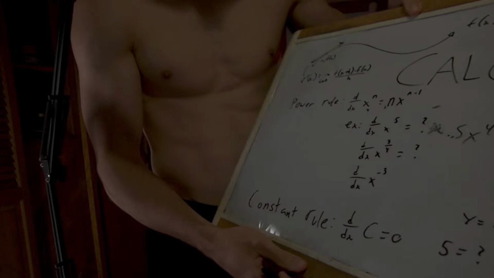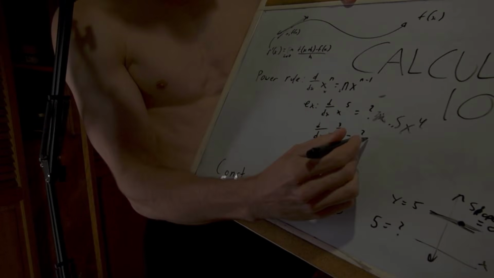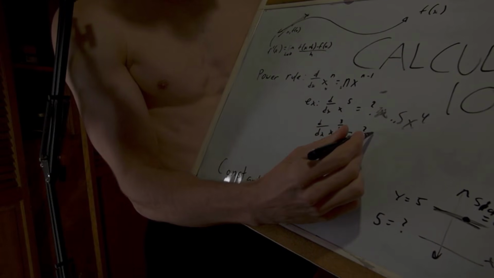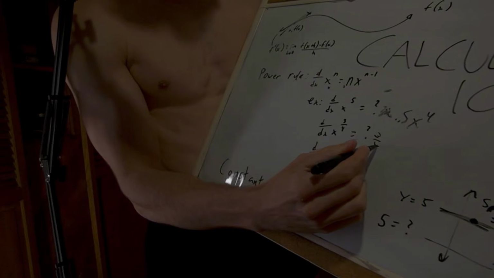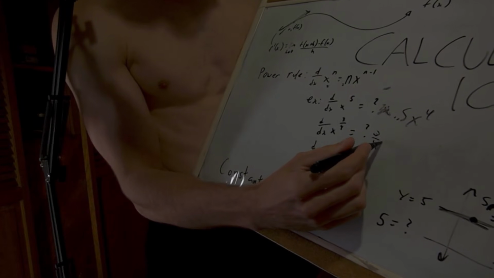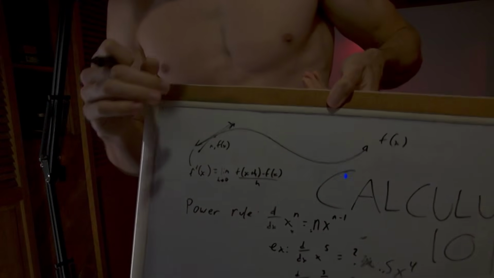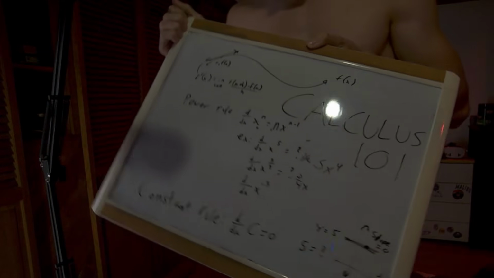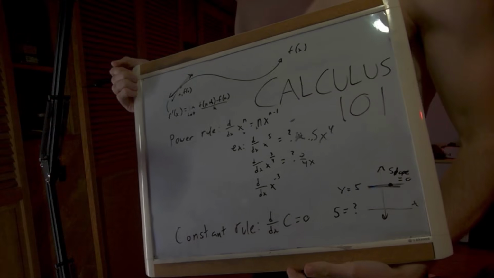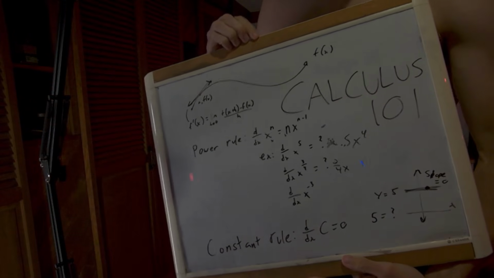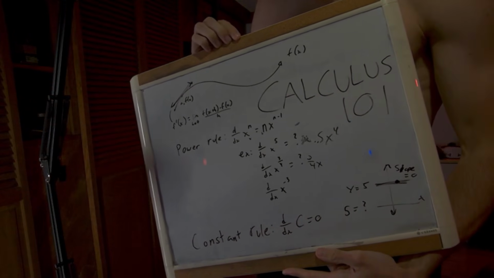Perfect. Now we'll do it. We bring it down. So we get 3/4 x. Then we have to subtract 1 from 3/4. But we know that 1 is just 4/4. That's the same thing.